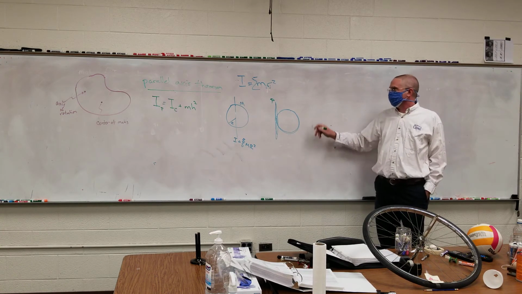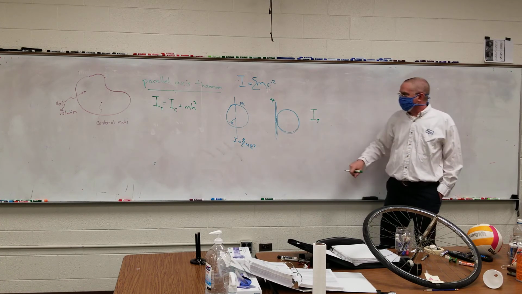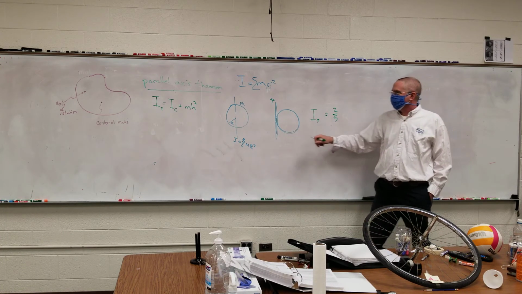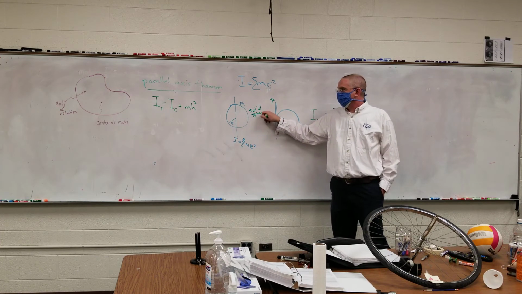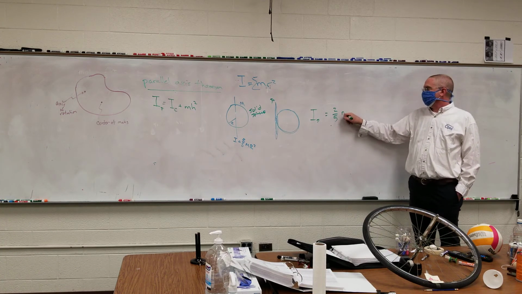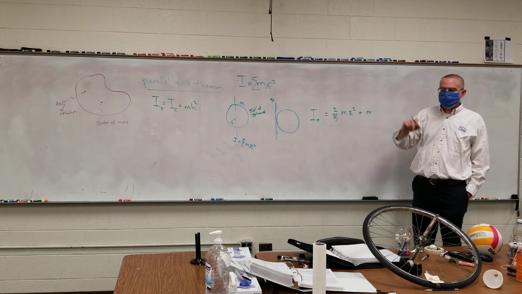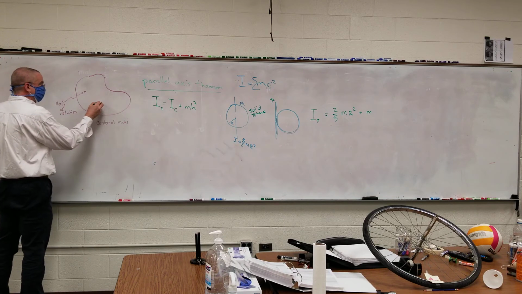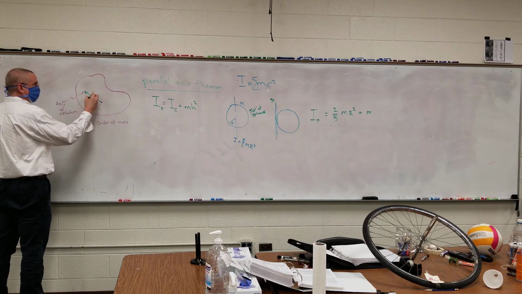So in this case, the moment of inertia about that axis is what it is around the center of mass, so 2/5, and again, solid sphere, 2/5 mr squared, plus the mass times h squared. h is the distance from the center of mass to where the new axis is.